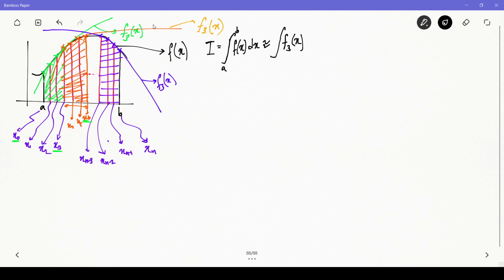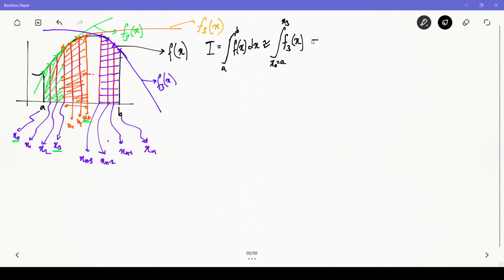We're talking about this polynomial over here, the first one, from the lower limit x naught, which is essentially a, to the upper limit x sub 3. Since we're working with three consecutive segments, we have a lower limit x naught and an upper limit x3.